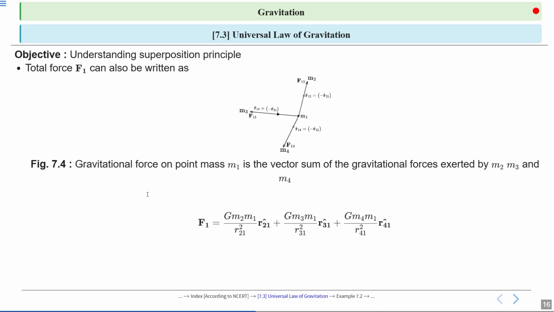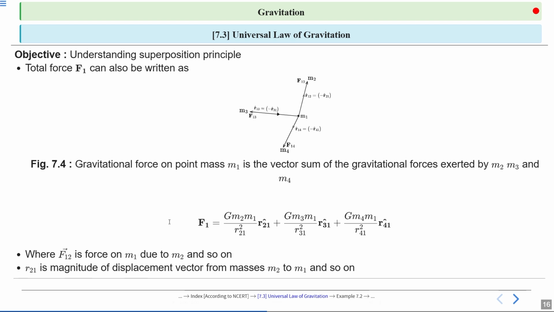So force on m1 by the second mass m2, and so on. The force is on m1 by other masses. F12 is the force on m1 due to m2 and so on. R21 is the magnitude of displacement vector from mass m2 to m1 and so on.